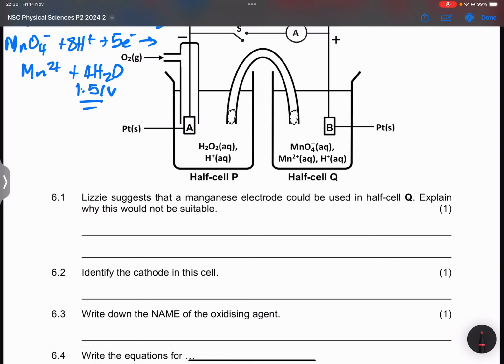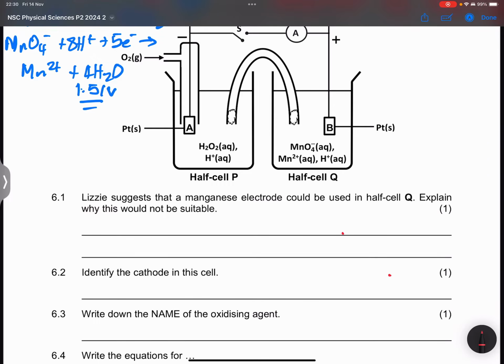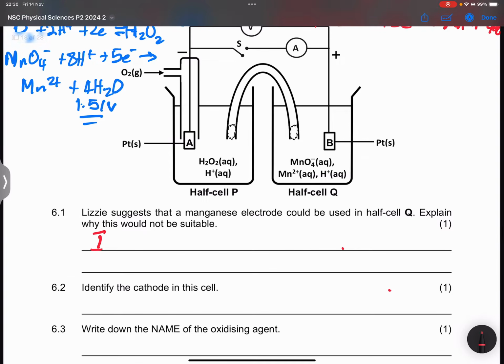They say Lizzie suggests that a manganese electrode could be used in half cell Q. Explain why this would not be suitable. Okay, Lizzie, it would be incorrect because it would be a completely different cell, it would change the cell completely.